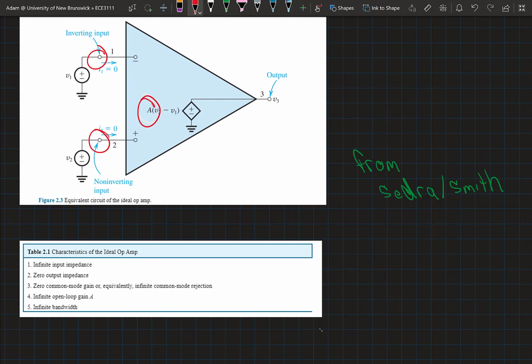And the fifth property is that an ideal op-amp has infinite bandwidth. What that means is there will be no attenuation of frequencies of any magnitude. Okay, we won't deal with that too much or at all in this class. We kind of leave the frequency aspect out of this course, but those of you that continue on to Electronics 2 will see the implications of bandwidth of your op-amp.